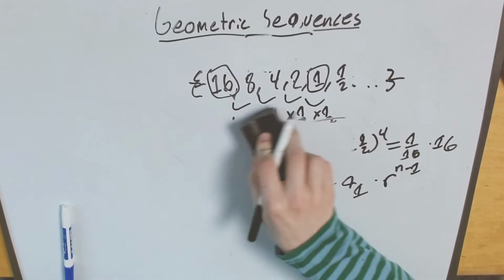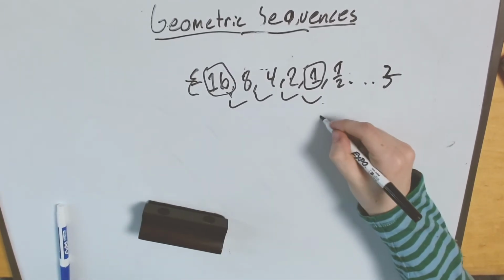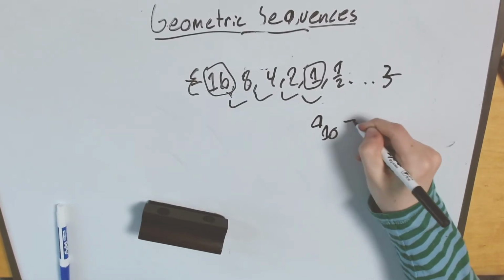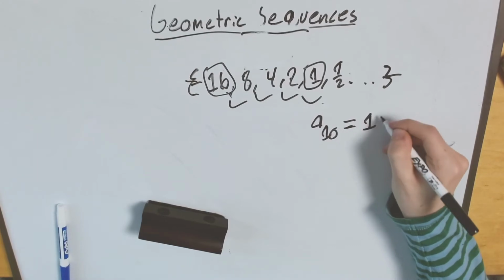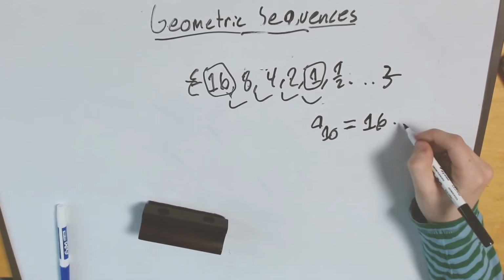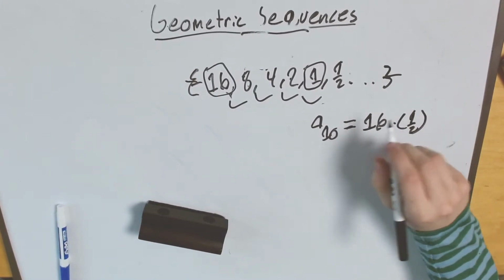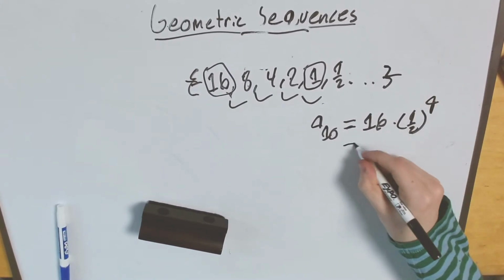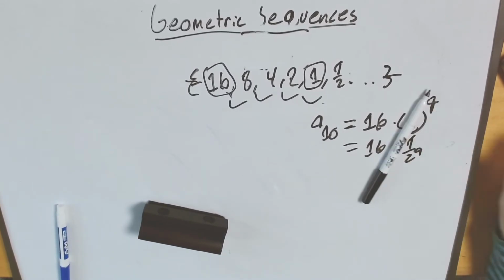Let's say I wanted to use all that to find the 10th term, right? What's a_10? Well, I know my a_1 is 16, and my common ratio is 1/2, and then 10 minus 1 is 9. So I have 16 times 1/2 to the 9.